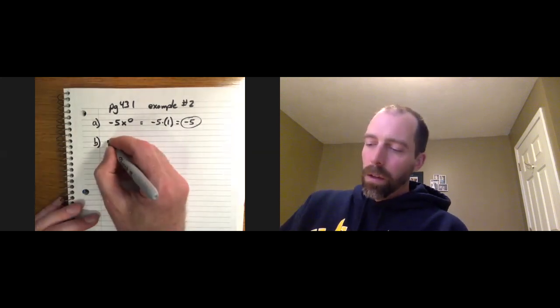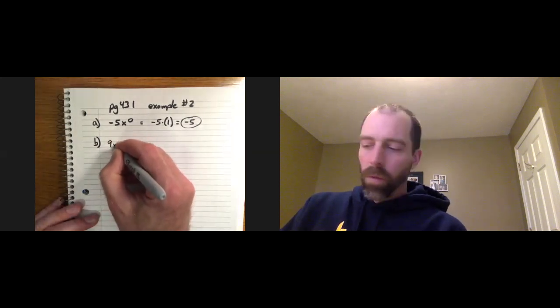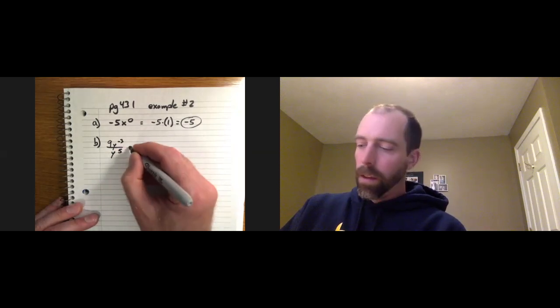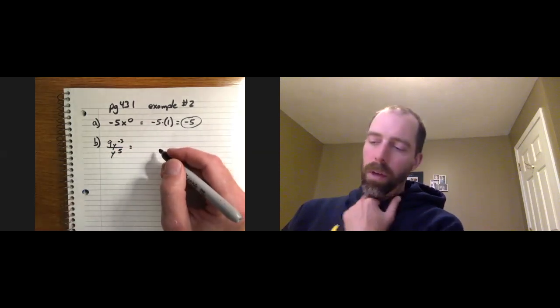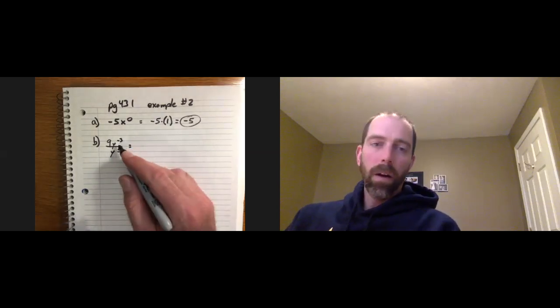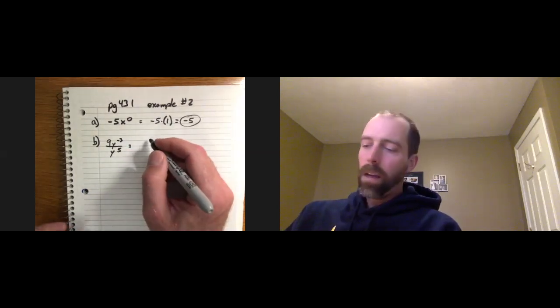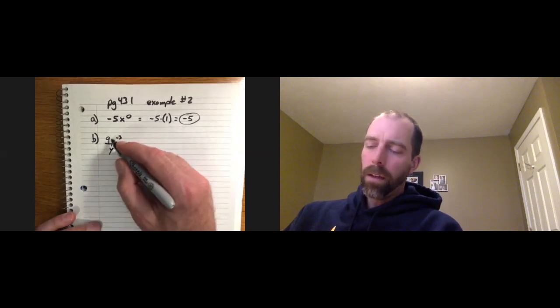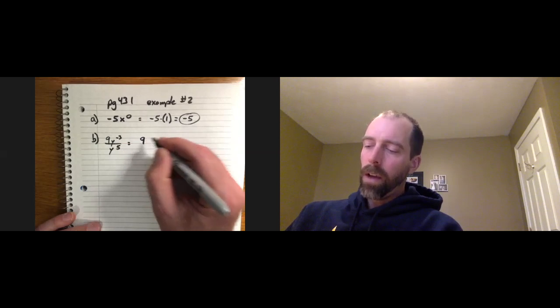All right, let's look at question B. So this is 9 times y to the -3rd over y to the +5th. All right, so here we have two powers with the same base that are being divided, so we can subtract the exponents. So the 9 is not part of the exponents, so our answer is just going to have a 9 in it.